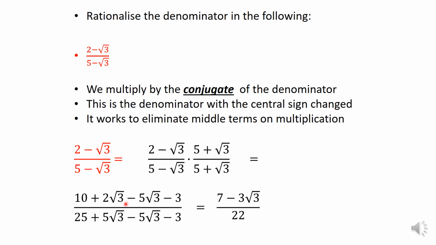And so together they will eliminate each other and become 0. So underneath you now have 25 minus 3, which is 22. Gives me a denominator there of 22, a whole number. So we have rationalized. Okay, so I suggest that you start back with the original question, take a piece of paper and work it through yourselves and see do you get the same result.